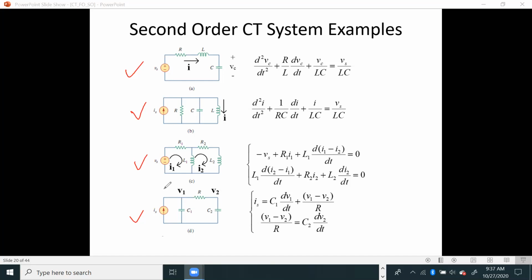Second one is parallel. And the third and fourth ones are actually, you see, in one of my classes, I said that the order of the differential equation depends on the number of energy storage elements present in your system, isn't it? Yes, sir. So in our earlier cases, we have seen that we have only one energy storage element present, either a capacitor or an inductor.